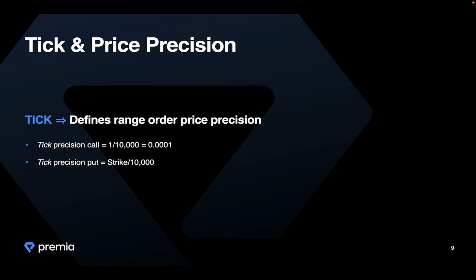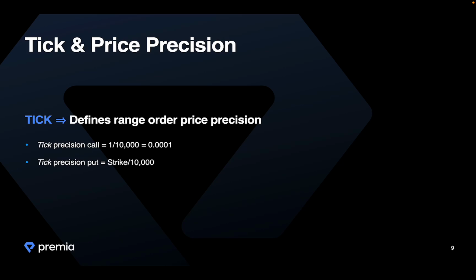The granularity or the control I have in terms of what those price points are is the tick precision. The tick precision for calls is 1 divided by 10,000. So in other words, 10 to the minus 4, right? 4 decimal places of precision.